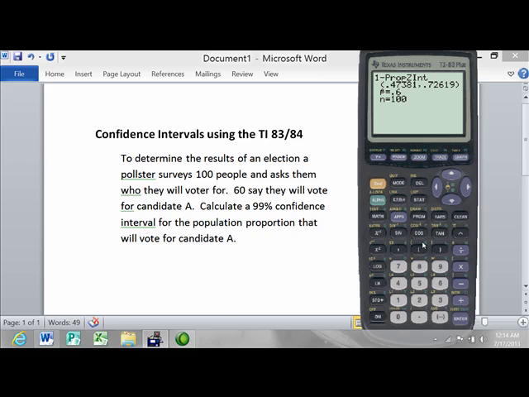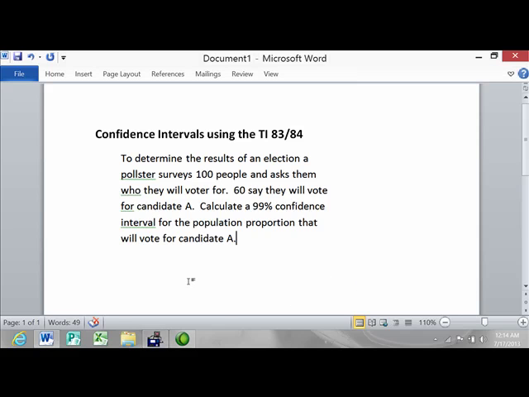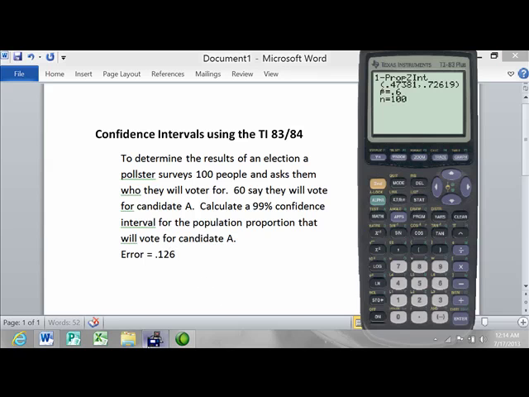If you take the difference between those two numbers and divide by 2, you find your error is approximately 0.126. In other words, my error is about 12 or 13 points. The reason the error is so high is because we're very confident. The more confident you are, the wider that interval becomes, the more error there is going to be. So my error is high.